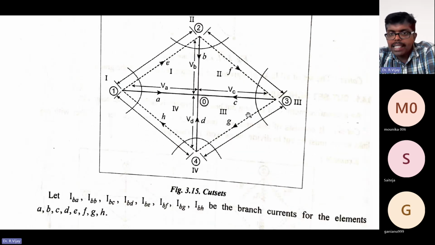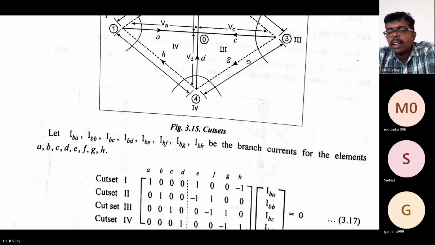Next, similarly, cut set 3. C and G are going outside, and F is coming inside. Going outside means 1, and coming inside means -1.